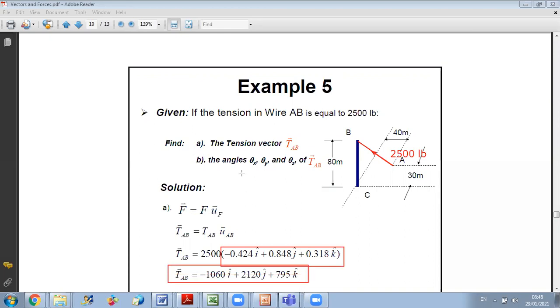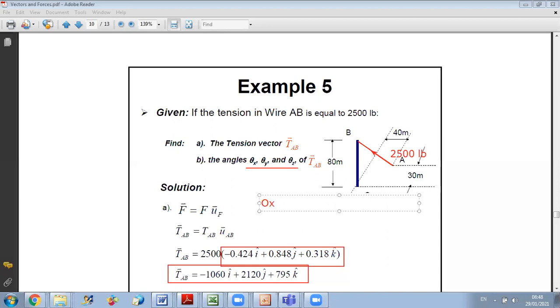Now, the second question is to find angles theta x, theta y, and theta z. These are the direction angles. So to calculate the direction angles, I use the definition. How to find angle theta x?